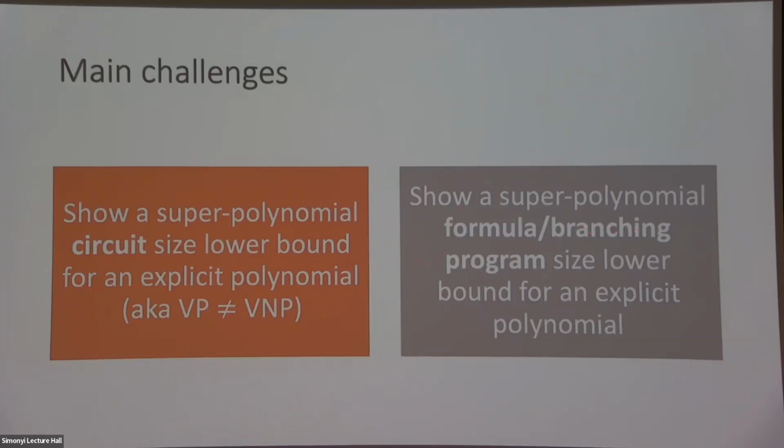But it's probably simpler to prove a lower bound for algebraic formulas or algebraic branching programs, because these are simpler models of computation. But it's also a big, grand, open question. And in general, the best lower bounds we know are only quadratic.